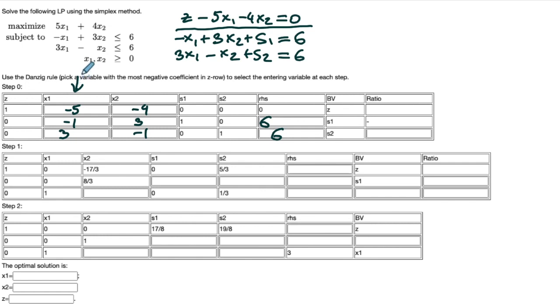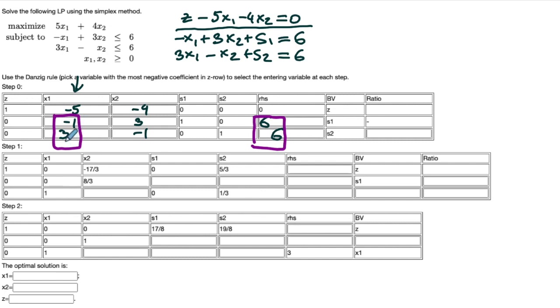For the ratio test, we use the column corresponding to the entering variable, and we are focusing on these entries right here in this column, and also we are looking at the right hand side values. So we need to look at all the rows where the entry in the entering column is positive.